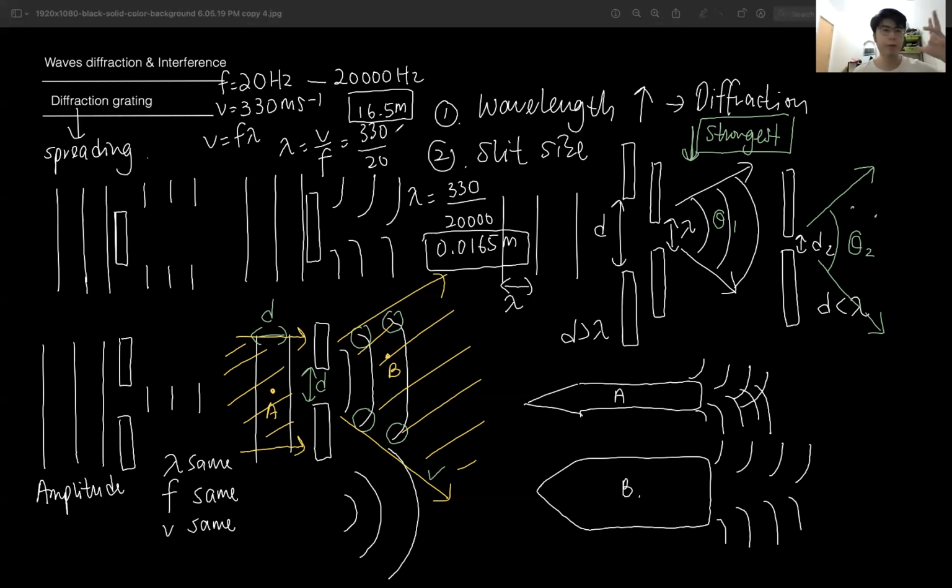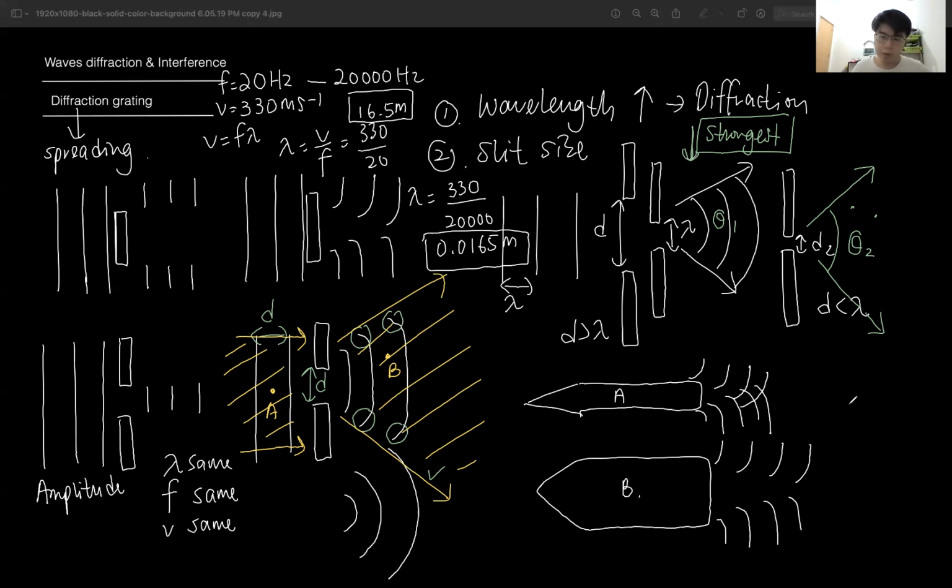Now, other applications, such as, again, sound wave, like in the concert. If you see the concert on the stage, what do they use? Long speakers, right? They use very thin and tall speakers. They don't use short and wide speakers. Why?